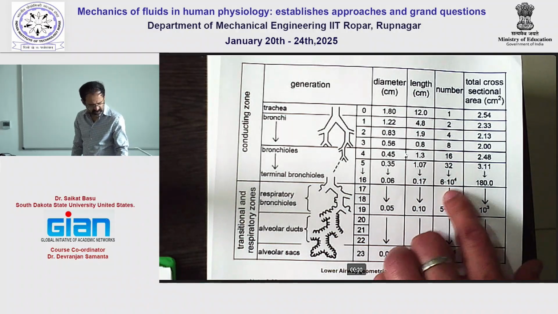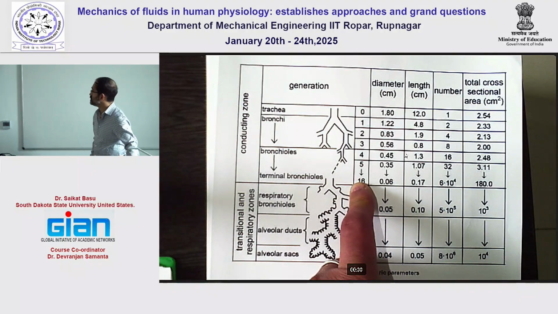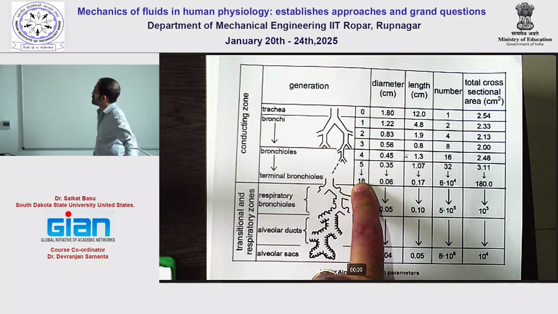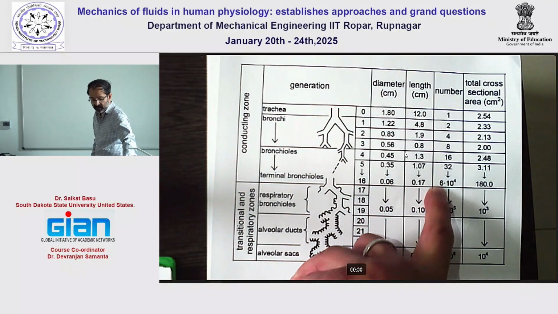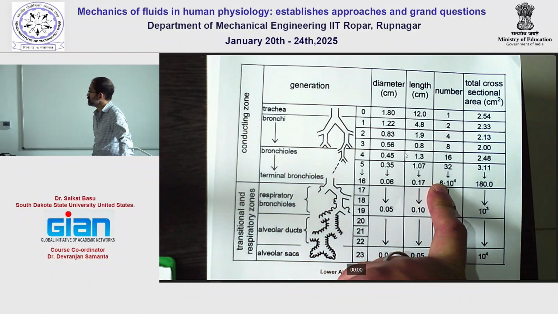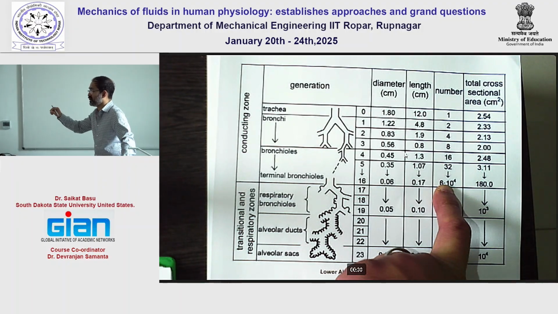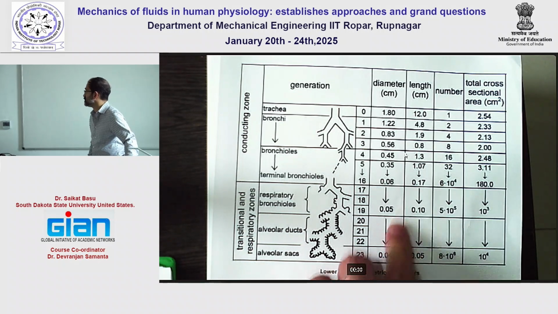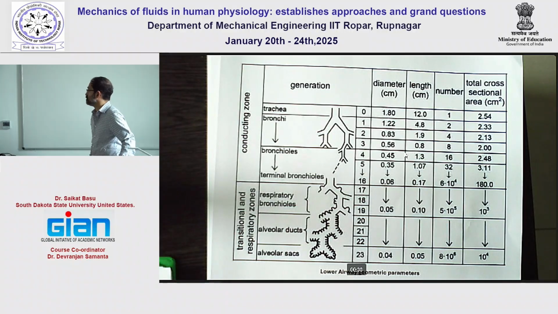Initially I got confused with, for example in generation 16, the table says that the number of channels is 6 times 10 to the power of 4. And I got confused because it should be 2 to the power of 16, right? But if you do a quick check on your calculator, 2 to the power of 16 is 6, 5 dot dot dot something, and this is 6 0 0 0 0. So if it's just mentioning the order, nothing changes based on that fractal calculation.